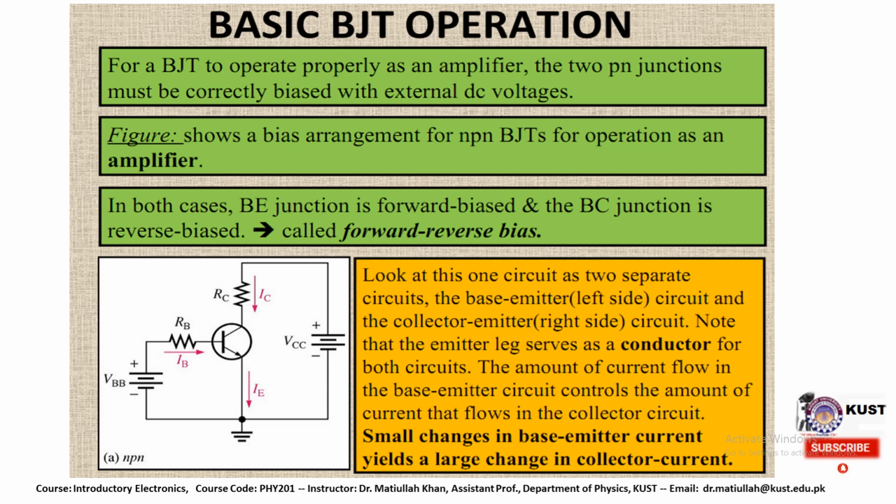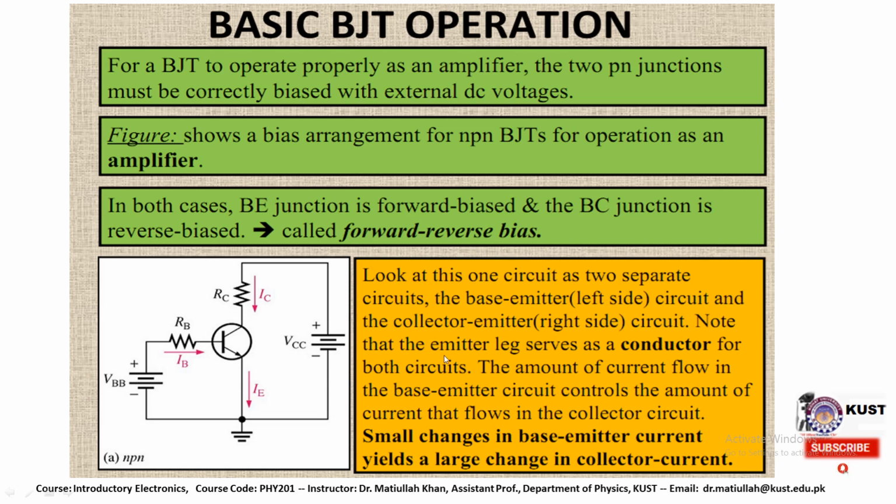But anyhow, if we consider a simple case where the base-emitter junction is forward biased and the base-collector junction is reverse biased, this configuration is considered the forward-reverse bias configuration, and this is the configuration shown here in the case of NPN transistors. It is connected to two sources, one is VBB, another is VCC.